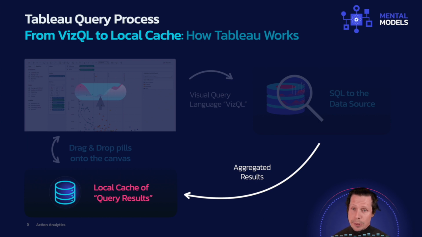You can treat any pill as a dimension, or you can treat any pill as a measure, and it's going to behave differently based on what you do. Now we know that when I treat something as a dimension, these aggregated query results give me one new record for each unique combination of the available dimension members.